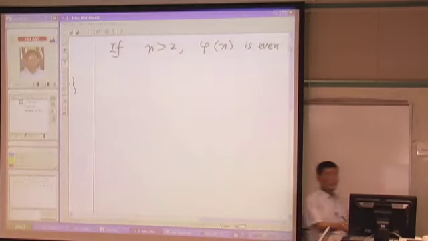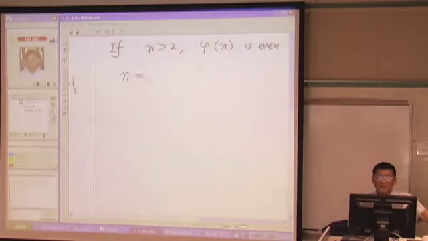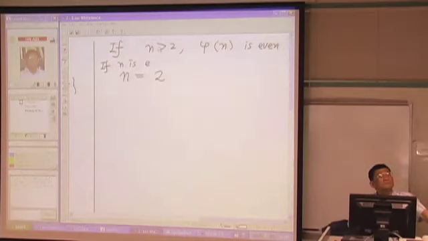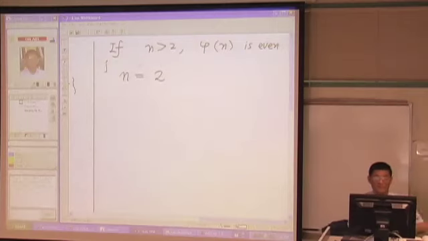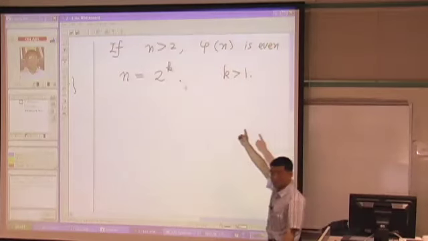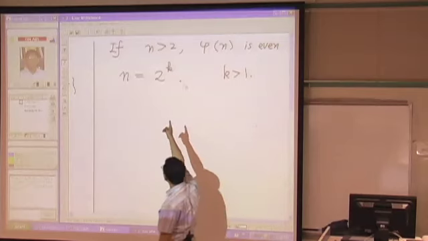So n can be factorized by this thing. If n is even, and I will use this, if n is purely 2 to the power of some k, where k is greater than 1, because if k is exactly 1, then it is not true, because n is greater than 2, and this k cannot be exactly 1.